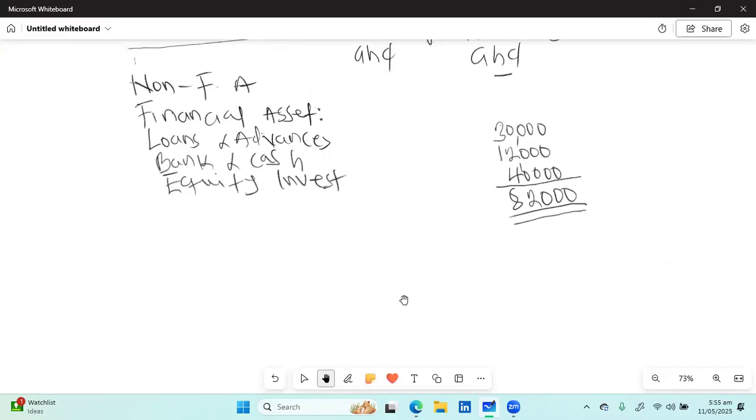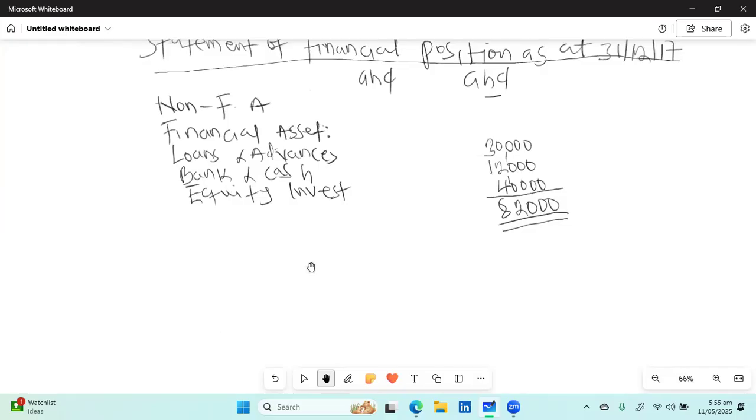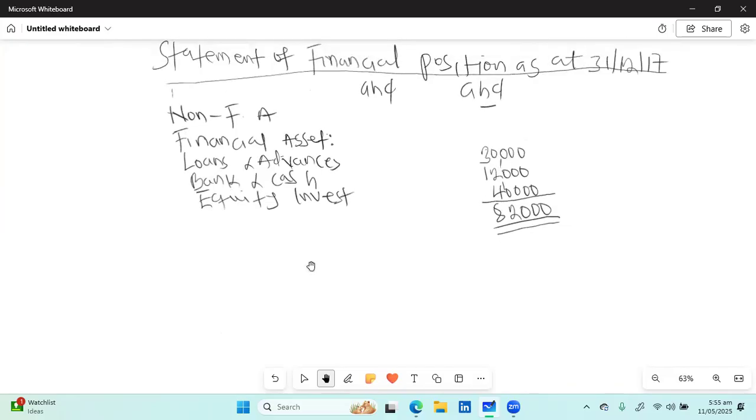That is all our assets. So we are going to have our total assets.